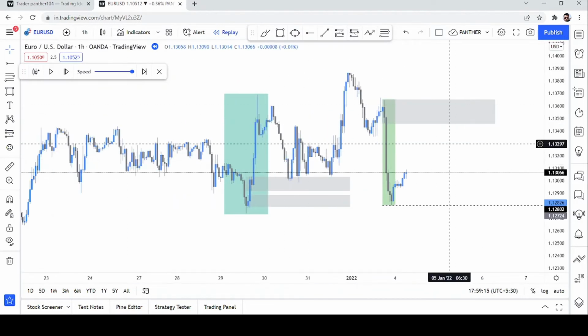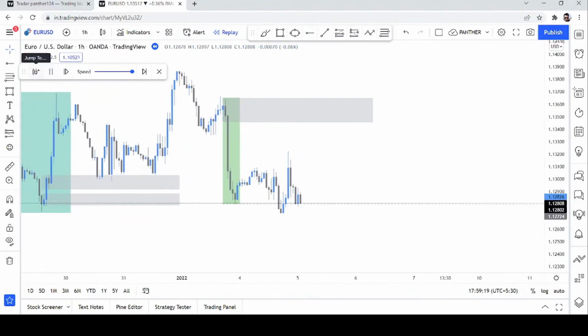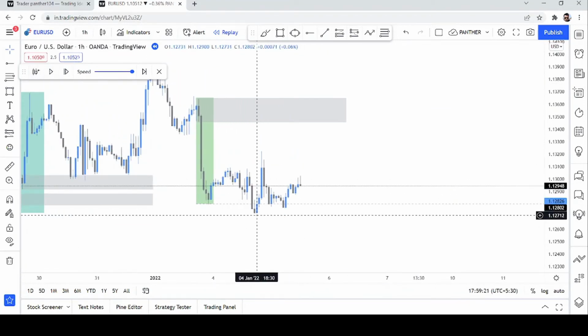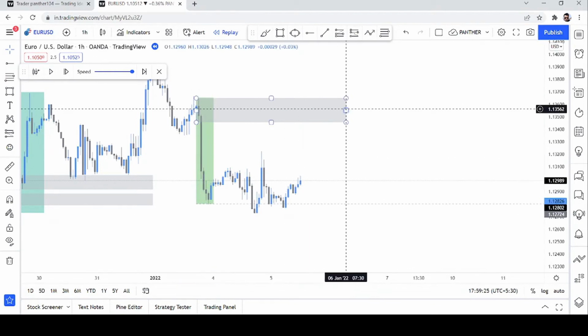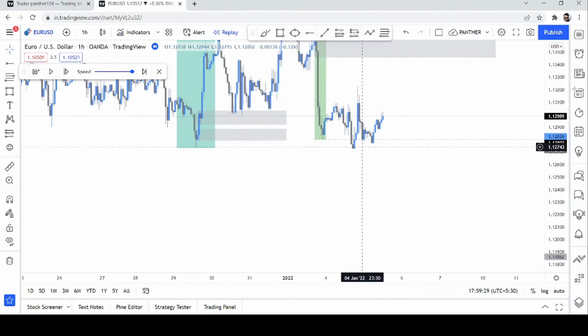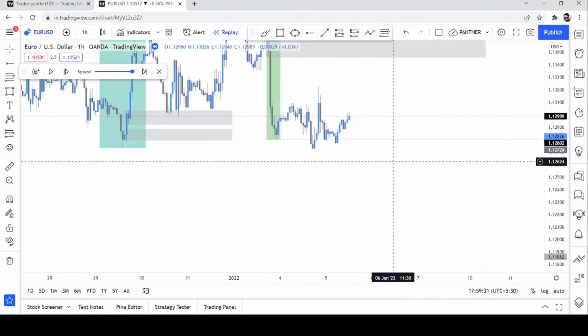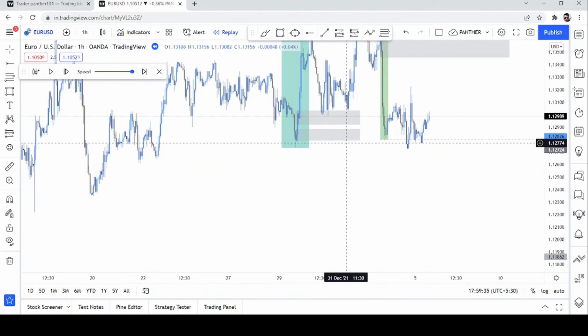All right, so let's see if this one works out. It already broke our low. We are not interested anymore in this. But this did not break with an impulse, so this could be just a liquidation of these lows.